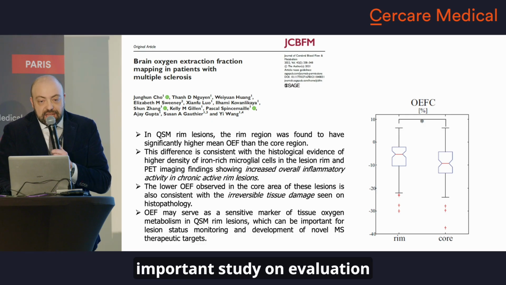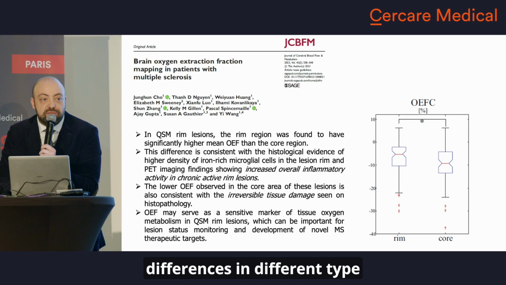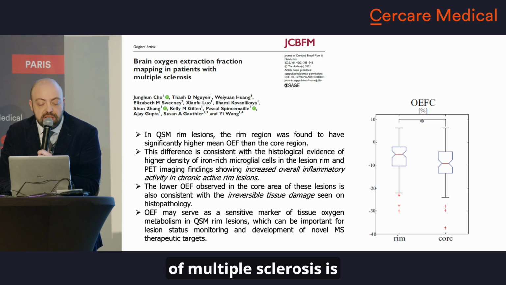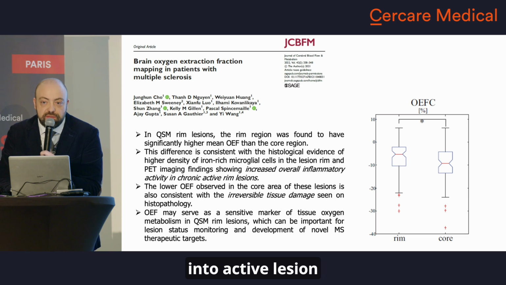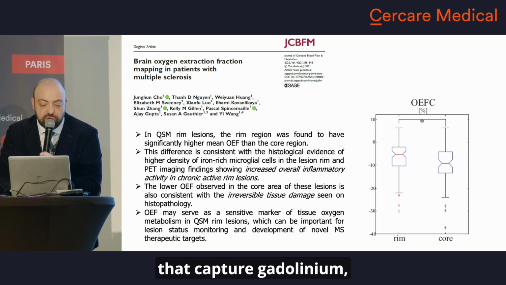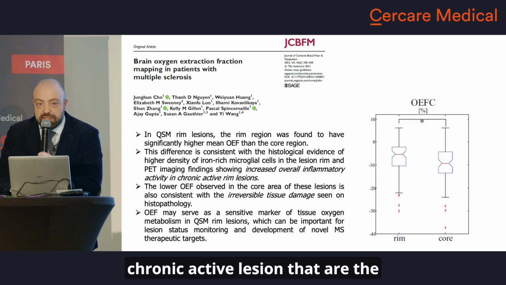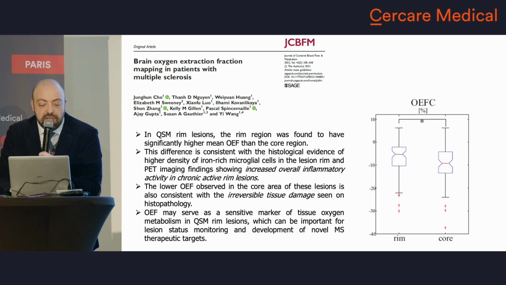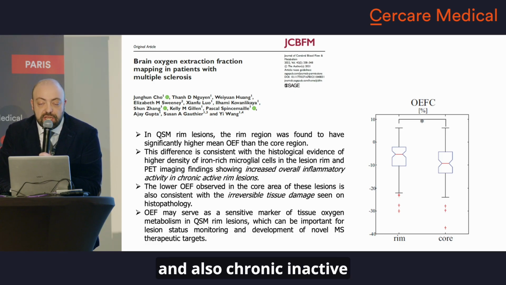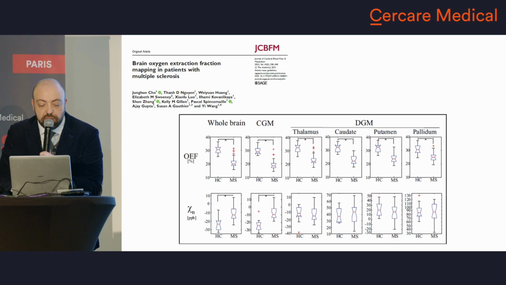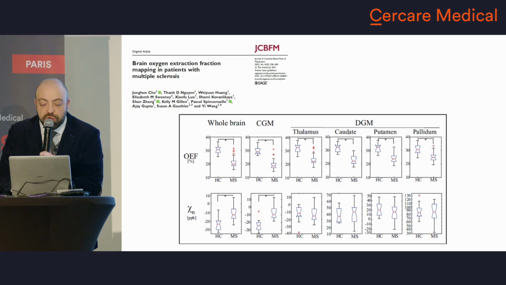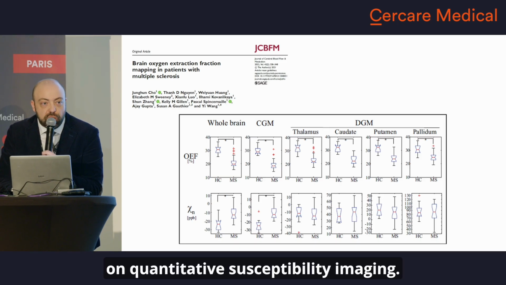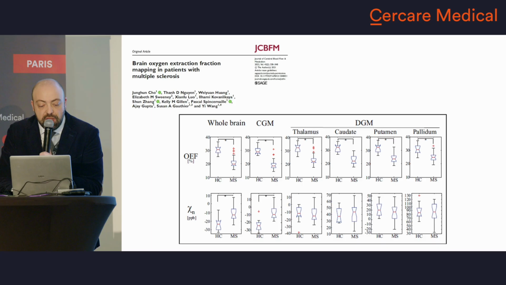Another very important study on the evaluation of metabolic differences in different types of multiple sclerosis lesions is this one, which divides lesions into active lesions that capture gadolinium, chronic active lesions that are the so-called PRL lesions, chronic inactive lesions that are negative on QSM, and remyelinated lesions that show an iso- or hypointense signal on quantitative susceptibility imaging.